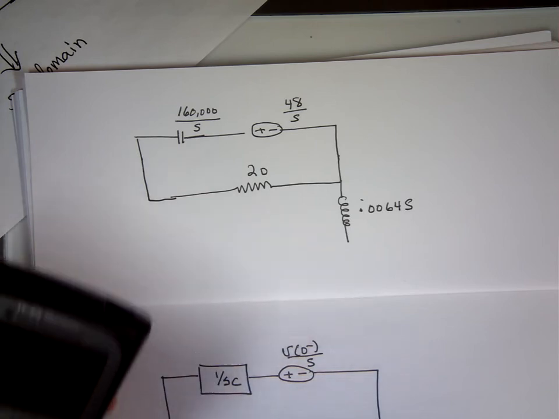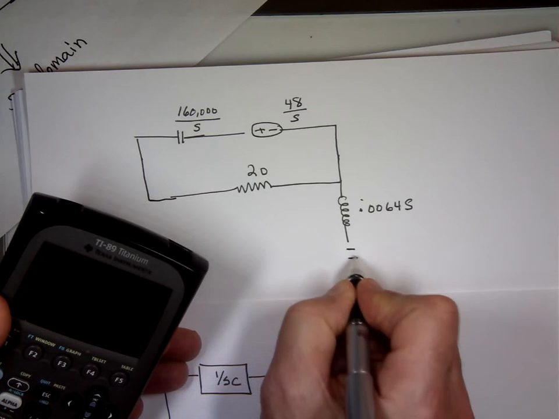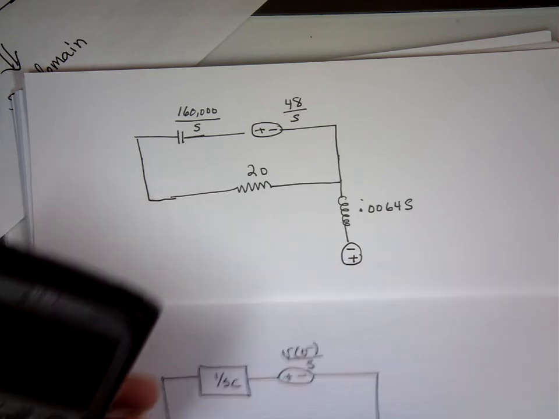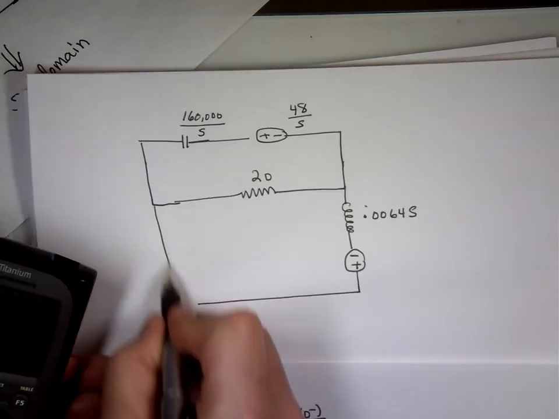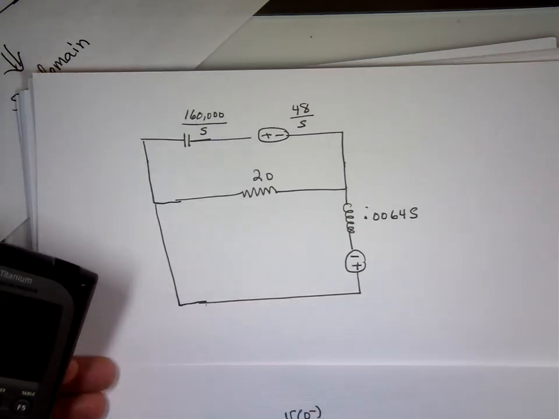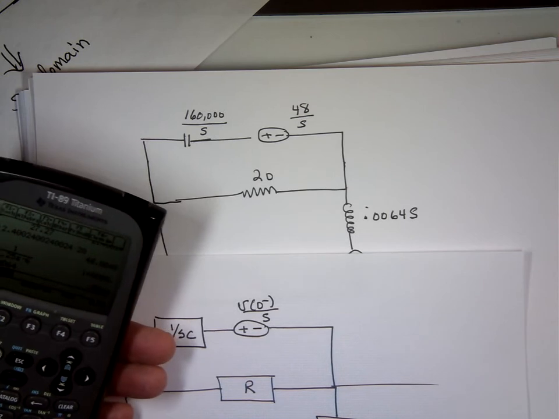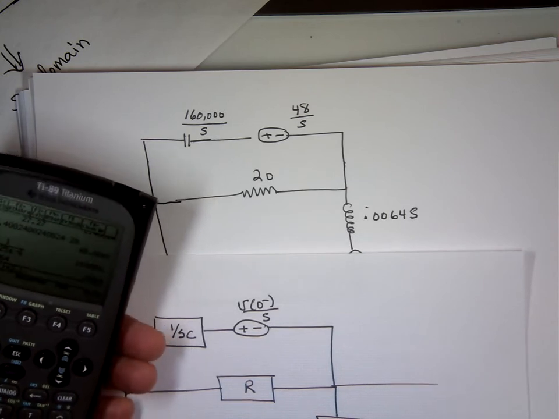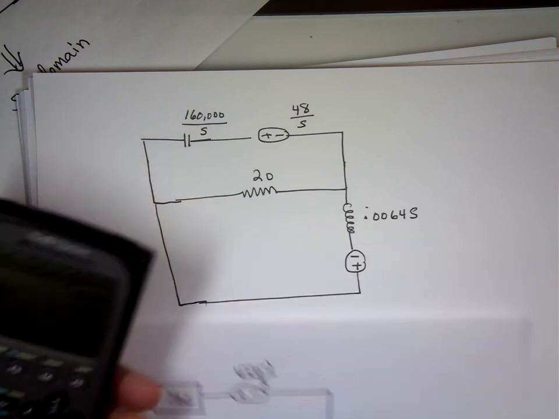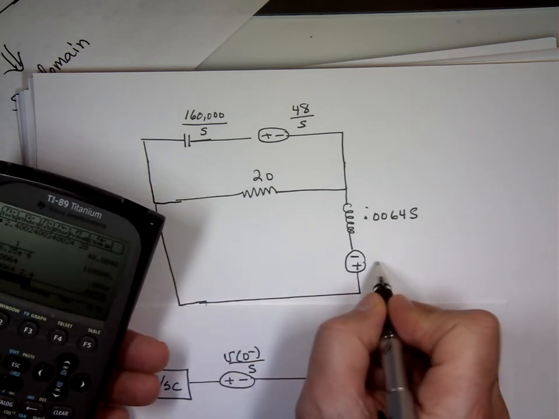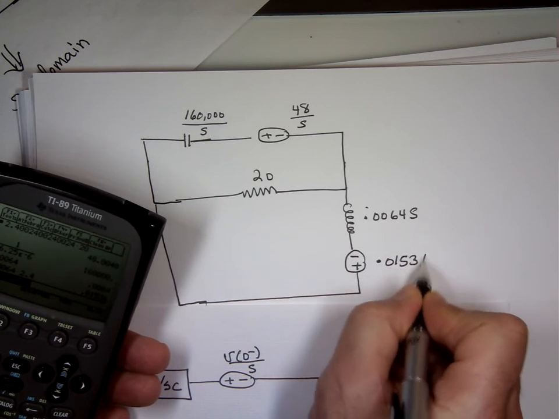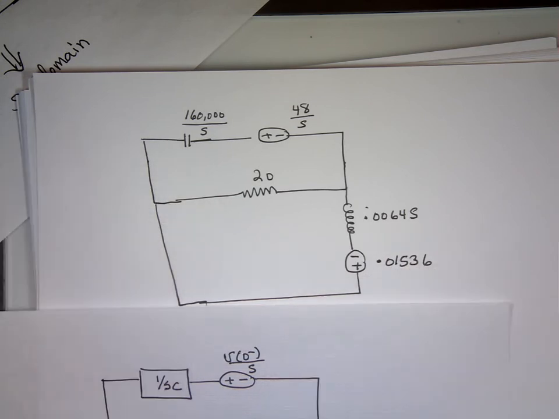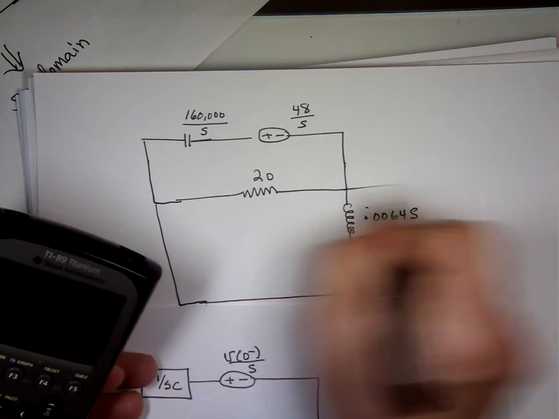And I'm going to have a voltage source here of L times I sub 0. We know I sub 0 for that was 2.4. What's 2.4 times L? And I got 0.01536. Hopefully my numbers are good. And this is my V out.